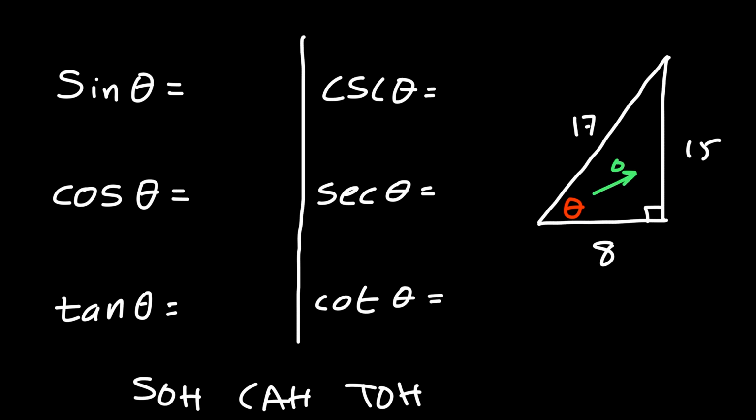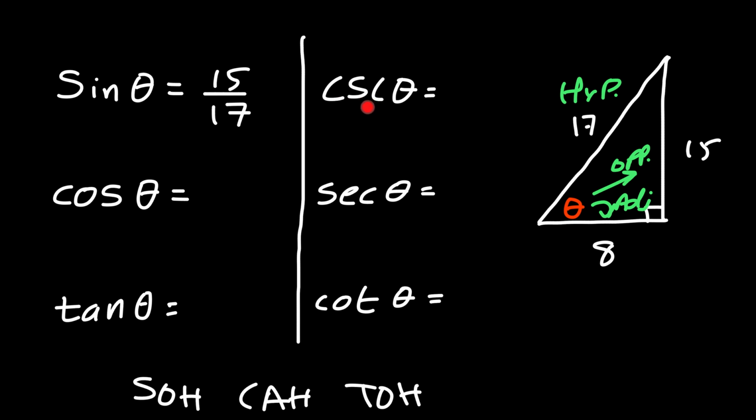This is opposite, and this is adjacent, and 17 is the hypotenuse. Okay, so sine equals opposite divided by the hypotenuse. The opposite is 15, so it will be 15 divided by the hypotenuse, which is 17.